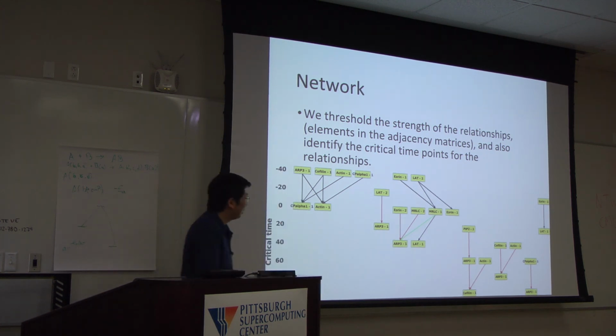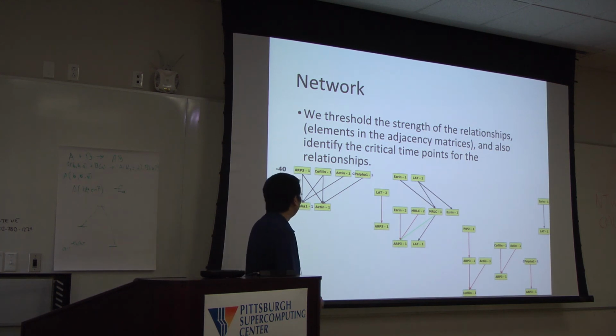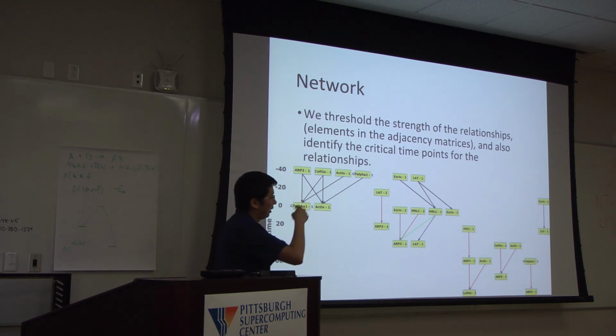So here we construct our network, and also we want to see the strongest relationship, the time point at which the relationship happens. That is, at which time point the cause changes a lot and the effect also changes a lot.